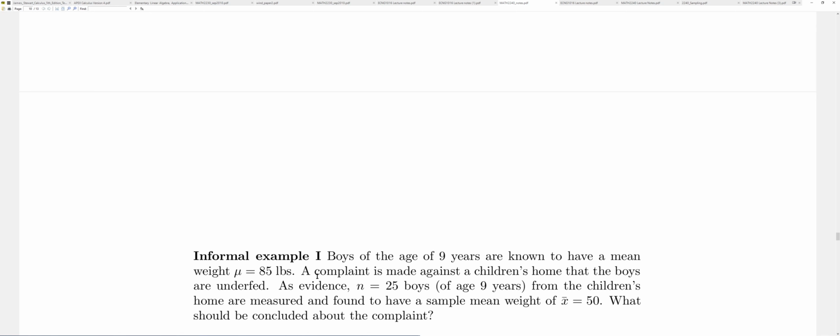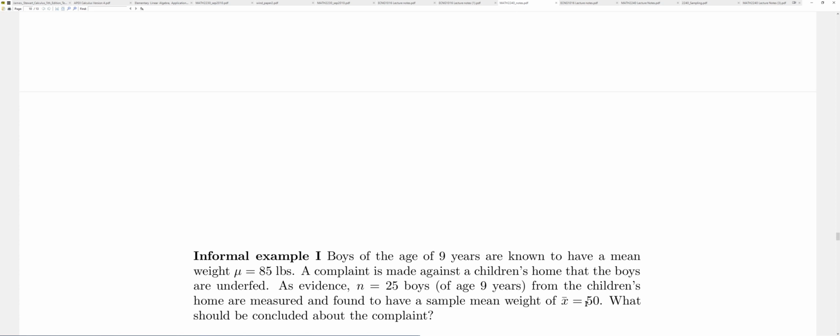The boys on average that are 9 years old have an average weight of 85. These boys at the children's home, when you measure them and get the average weight, the average weight is 50.